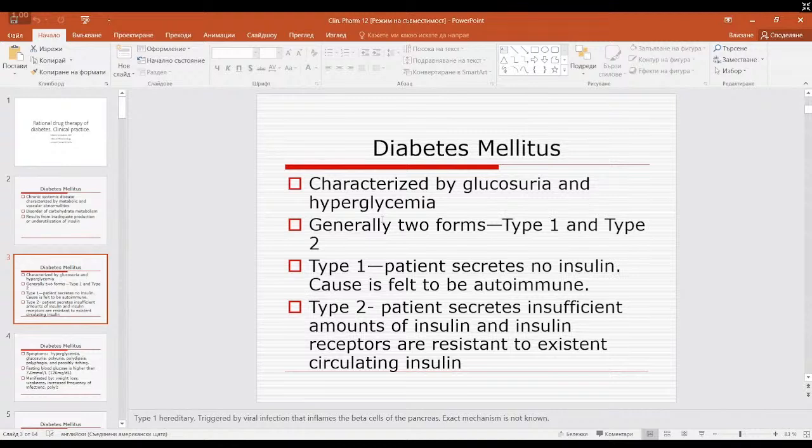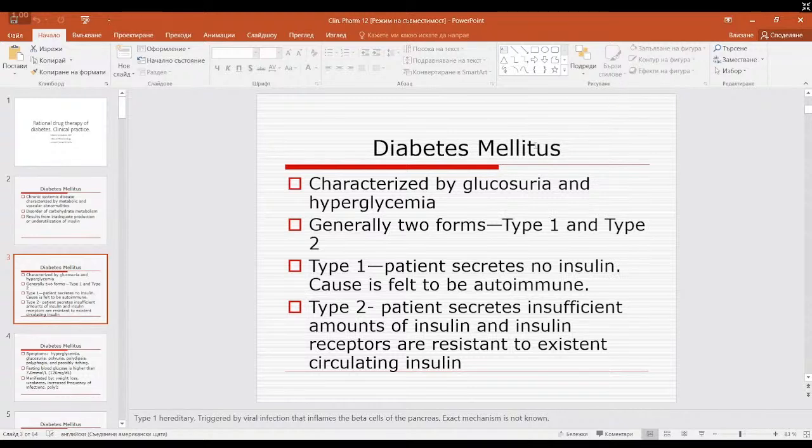As you probably know, we usually divide diabetes into two types, type 1 and type 2, but there are also other types like gestational diabetes, and diabetes insipidus, which is a totally unrelated disease, but it's nonetheless called diabetes insipidus.